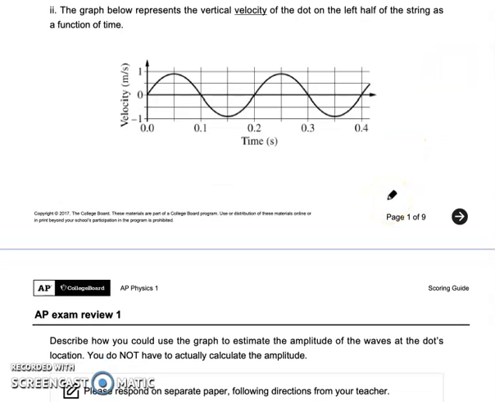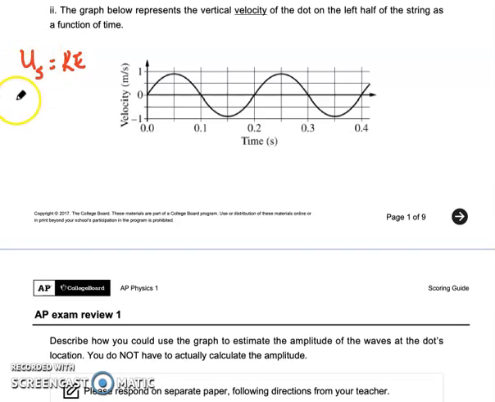I'll tell you right now, the answer they give is not something I would have thought of. I would have taken a different approach, and upon thinking about it, I understand why that approach wouldn't necessarily work. So I'm going to say the approach that I would have thought would have worked. They're given a velocity-time graph and they want amplitude. I would have said, okay, the amplitude is related to the maximum elastic potential energy, which can be related to the kinetic energy.